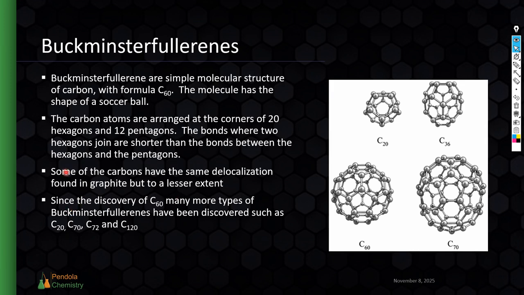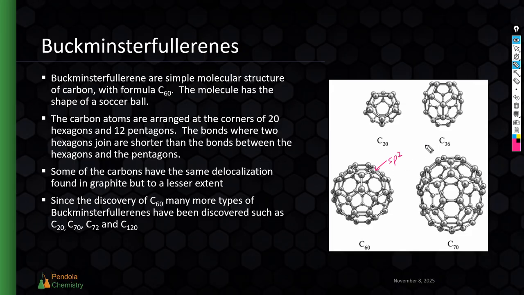All of the carbons in these shapes are going to be sp2 hybridized. So Buckminsterfullerenes have carbons that are sp2 hybridized, which means all of these carbons have a loose p orbital. Just like we discussed with graphite, there is an area of delocalized electrons above and inside a Buckminsterfullerene.